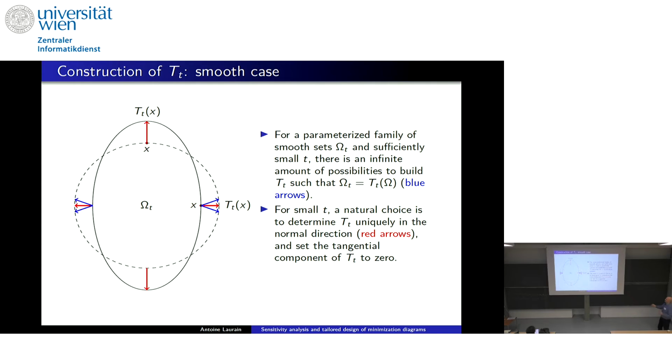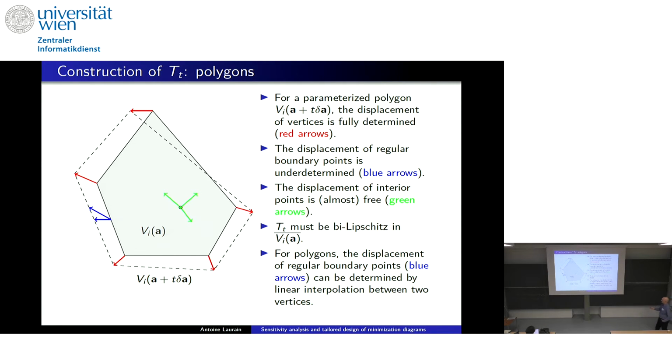But for instance, we can have uniqueness if we choose only the capital T in the normal direction. We just quotient out the tangential perturbation, basically, and we get a unique transformation capital T. And this is a basic idea that we can generalize for non-smooth shapes. Typically for non-smooth shapes, depending on the dimension of the object, you will have more or less freedom to move the point.